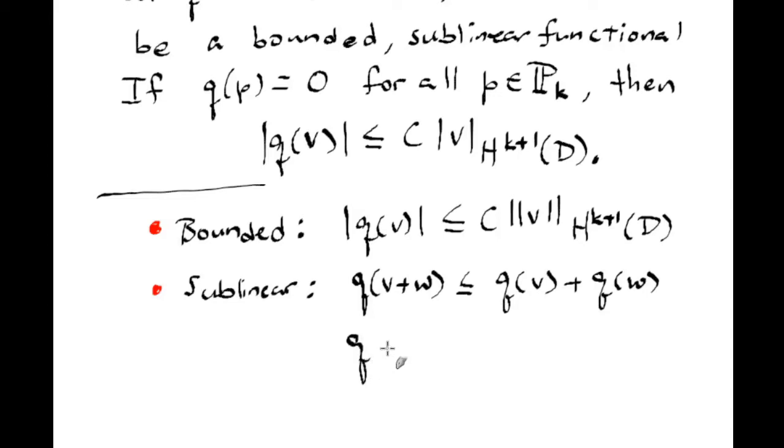Also, if you have Q of a constant alpha times V, this is equal to alpha Q of V, and this is for positive alphas. So if alpha is a positive constant, you can pull it out of your sublinear functional.